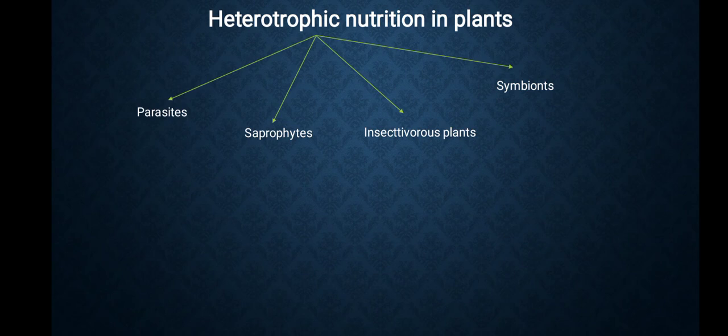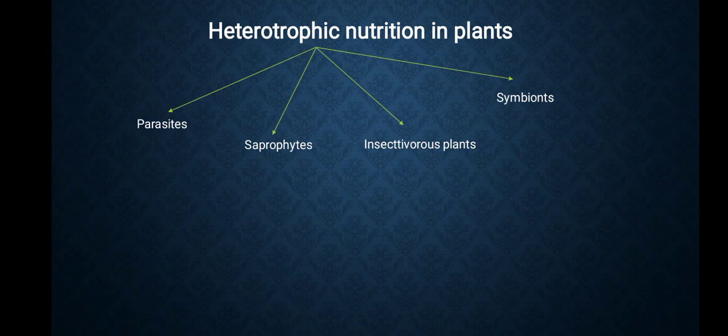Very good. And what is a parasite? An organism that lives for its food upon other living plants or animals is called a parasite.